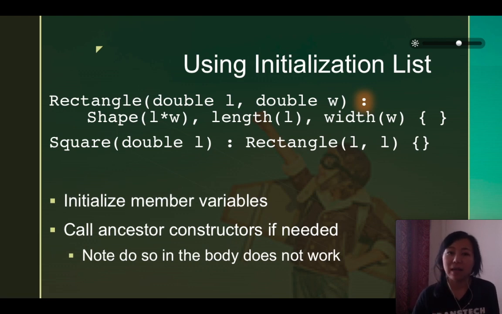It's not actually initializing this object using rectangle(L, L). What it does is create a new object, but then that new object will disappear because it goes out of scope. Anyway, remember to use an initialization list if you want to call the constructor to initialize your ancestor class.